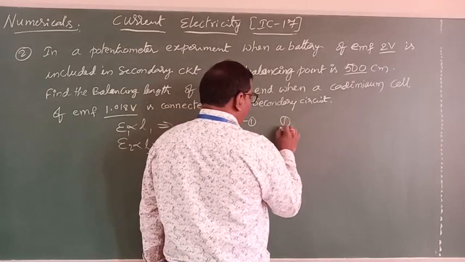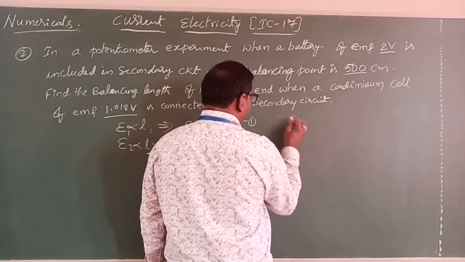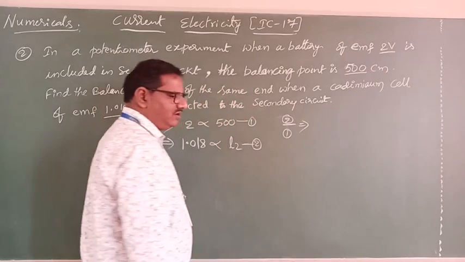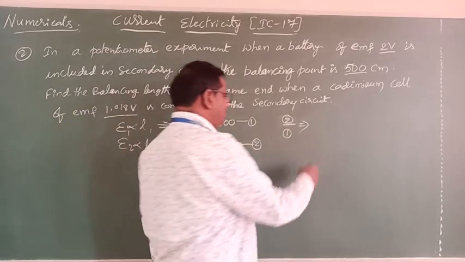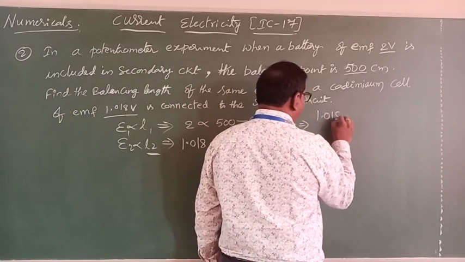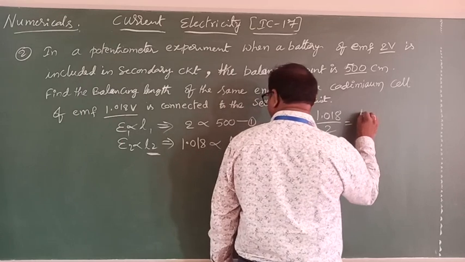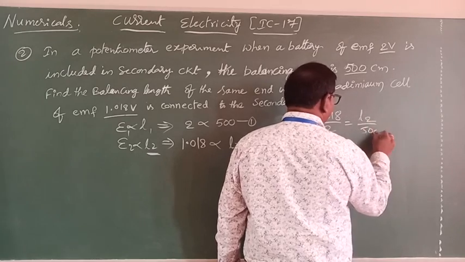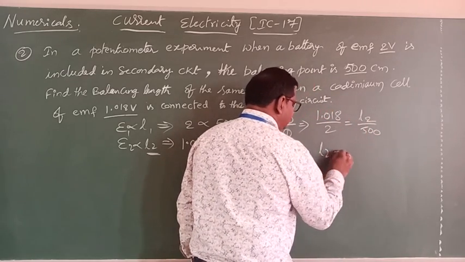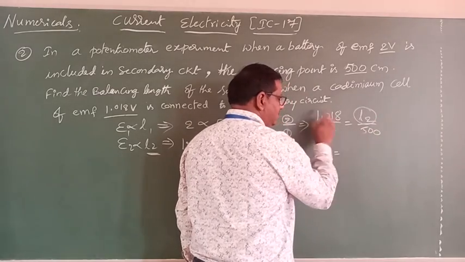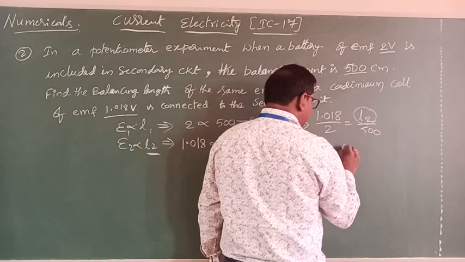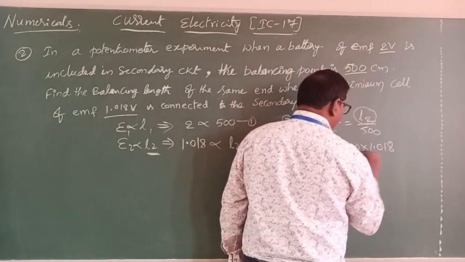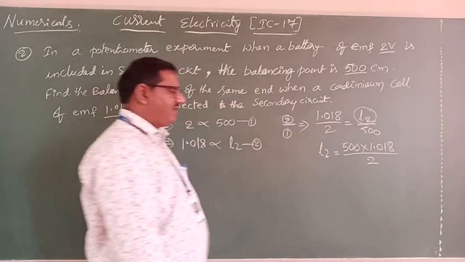Now do 1 by 2 or 2 by 1, no problem. For easiness I am doing 2 by 1. Equation 2 over equation 1: 1.018 by 2 equal to L2 by 500. Now L2 I am measuring. So L2 equal to 500 into 1.018 by 2.